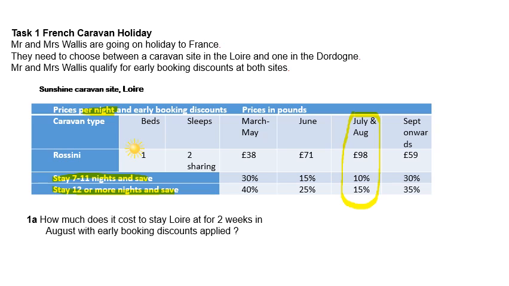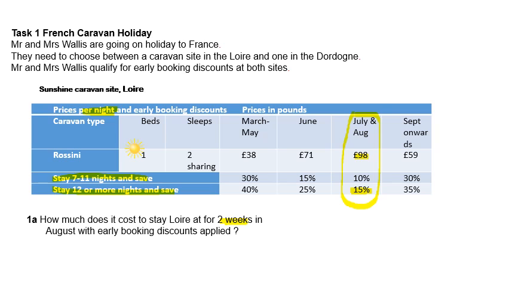And the cost per night in August is £98, so that's our first key bit of information. The next key bit of information is to work out which discount applies. So they're staying for 2 weeks, and 2 weeks, we should hopefully know, is the same as 14 days. So that'll be 14 nights, which means the discount that applies to them is 15%.